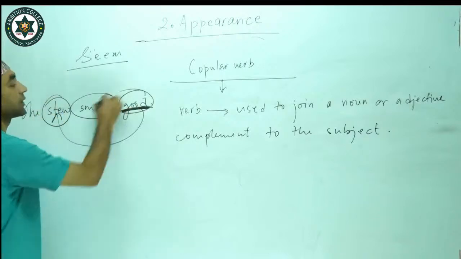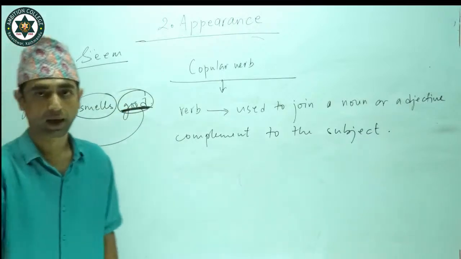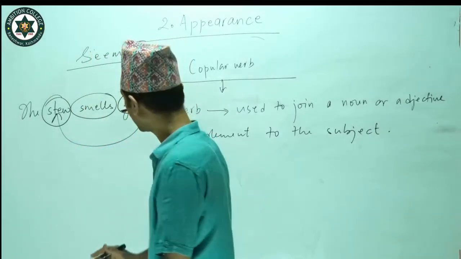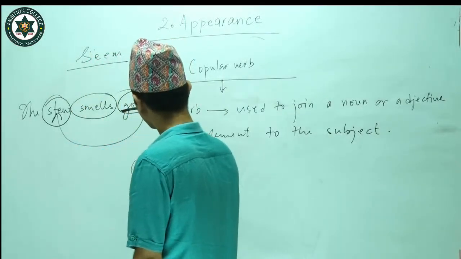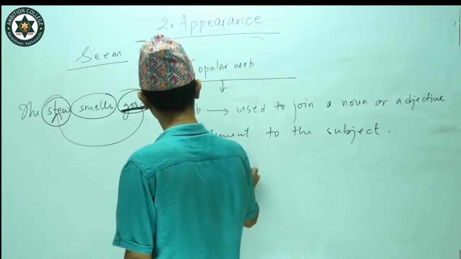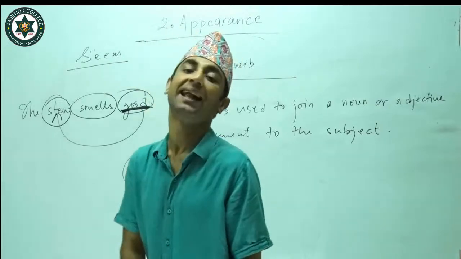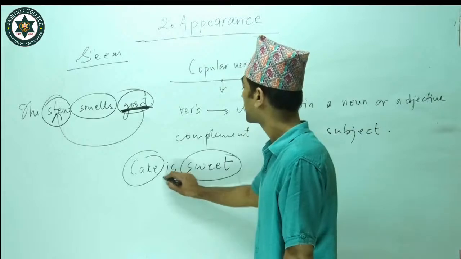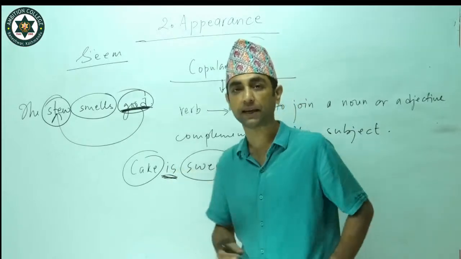This good and stew are similar now. They are alike. If I say cake is sweet, this sweet and cake are alike. And this alikeness is indicated with the copular verb is.